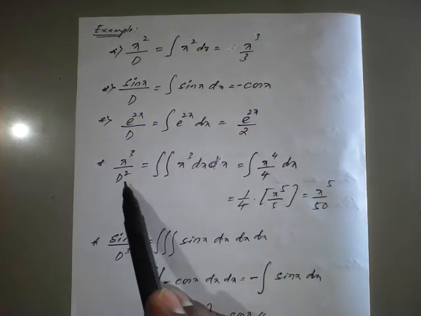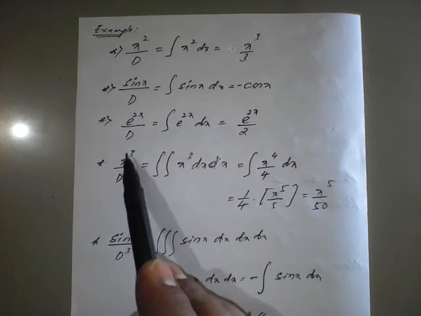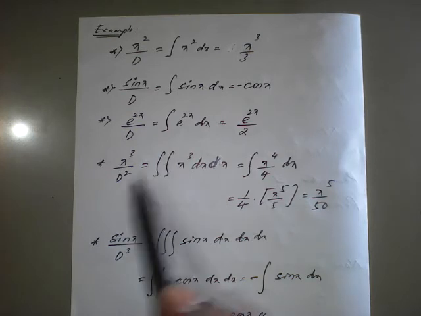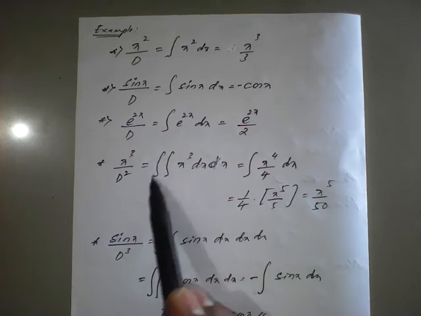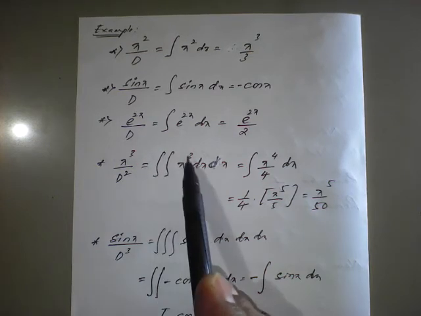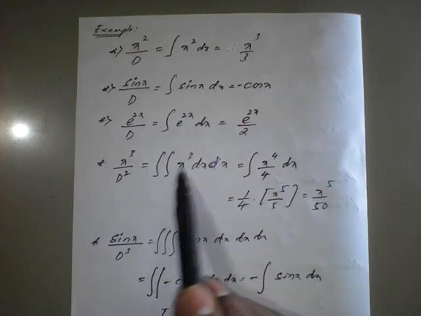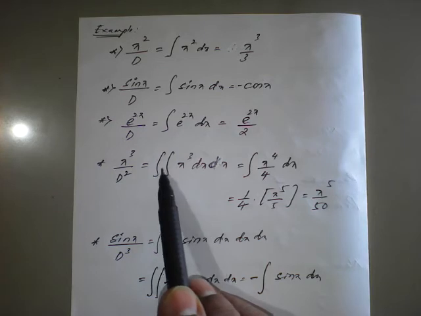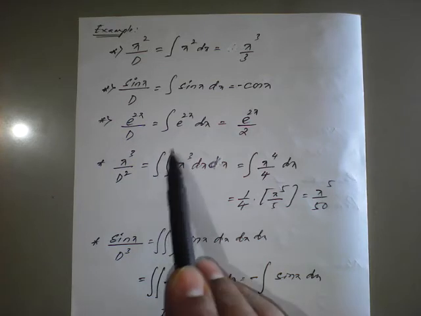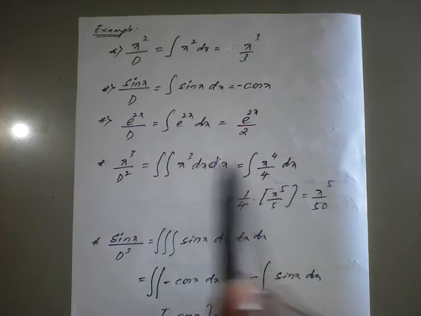Now observe the next example, x cube divided by D square, because 1 upon D square stands for double integration of the function x cube. So we have to integrate this x cube 2 times. For the double integration of x cube, I will keep one integration as it is.